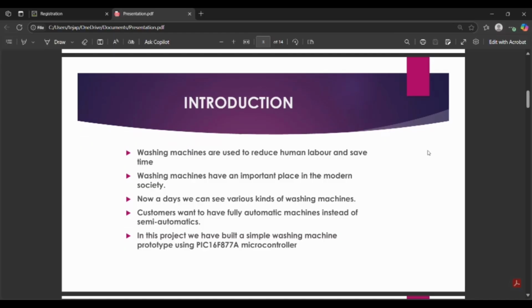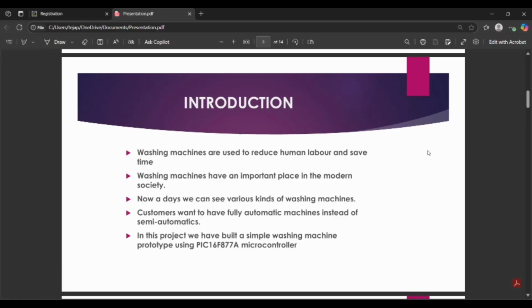Washing machines are used to reduce human labor and save time. Washing machines have an important place in modern society, and they play an important role. Nowadays we can see various types of washing machines in this generation.